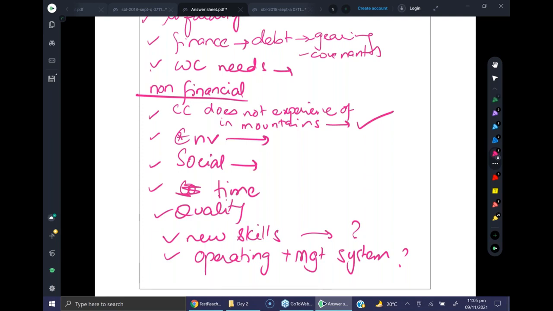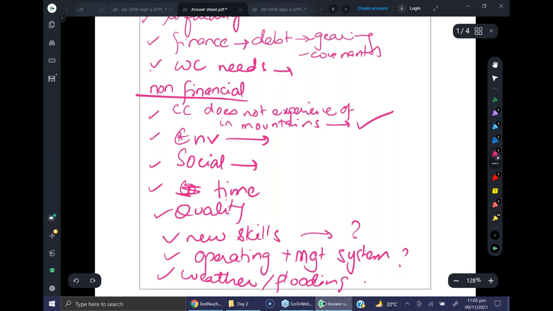Yes, you can use the big data aspect here, but I'm kind of reserving it for my last requirement, though definitely you can use it. And yes, weather and flooding. Absolutely, weather and flooding can disrupt the work, and it will be very hard then to transport materials.